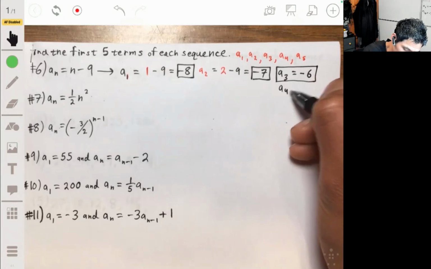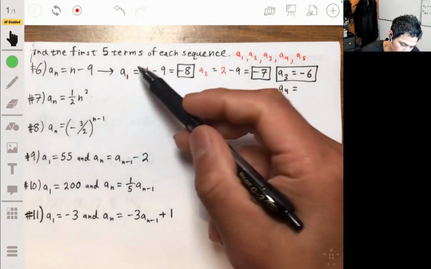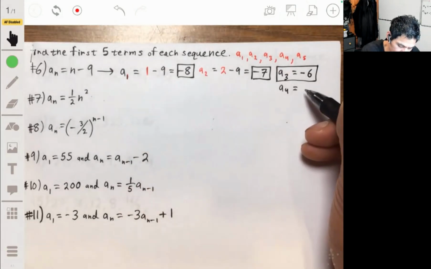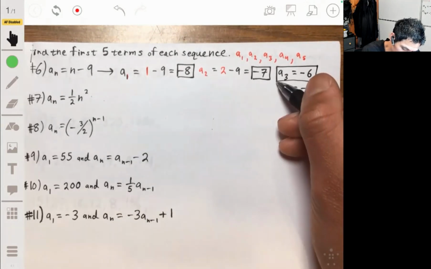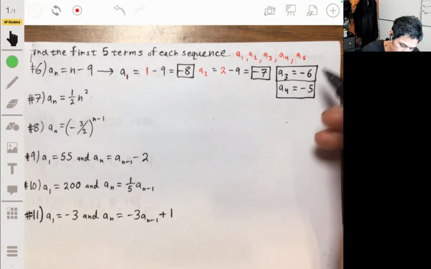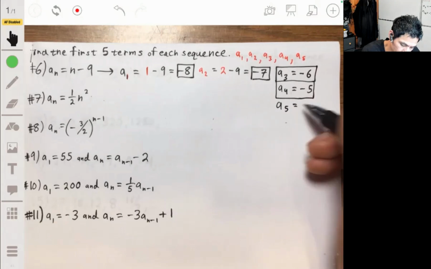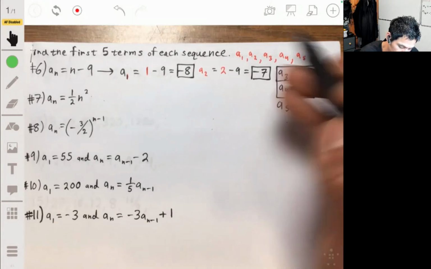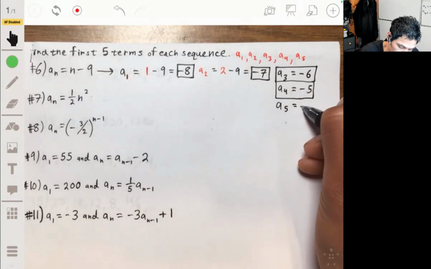A4, 4 minus 9, -5. And then A5 will be 5 minus 9, which will be -4.